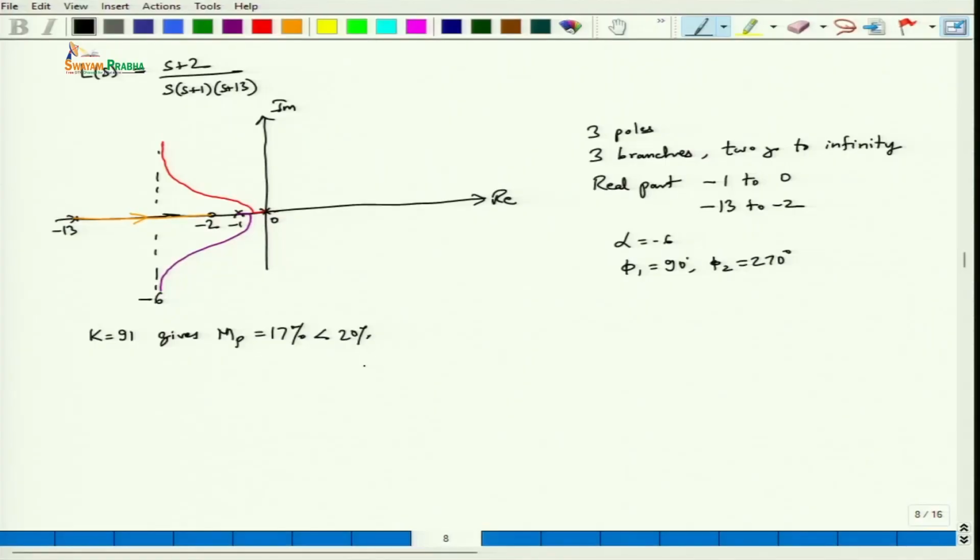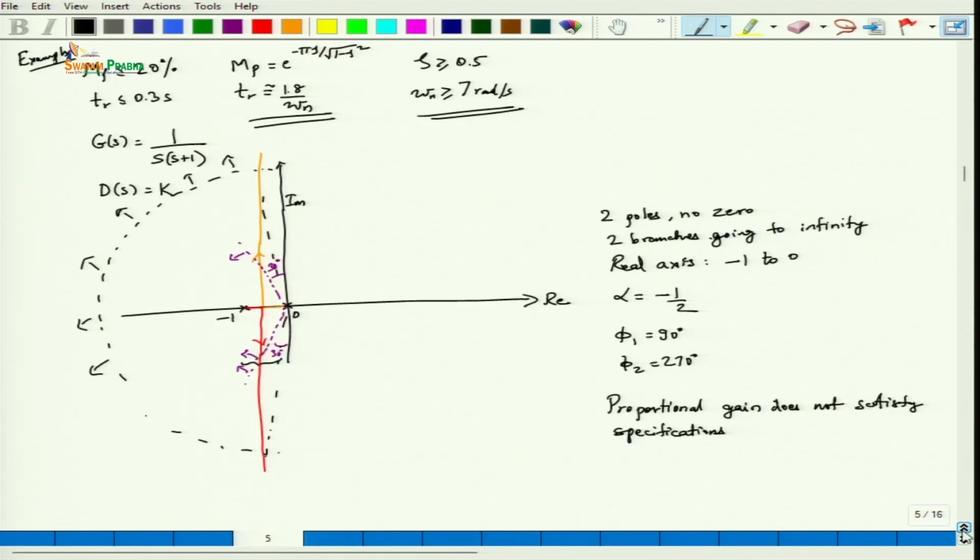If it does not meet the specifications, you will need to iterate a bit based on your knowledge of root loci. And once you get another result, you perform the same step, plot the step response, and this continues till you get a satisfactory result. So now we have found this controller which meets our time domain specifications.